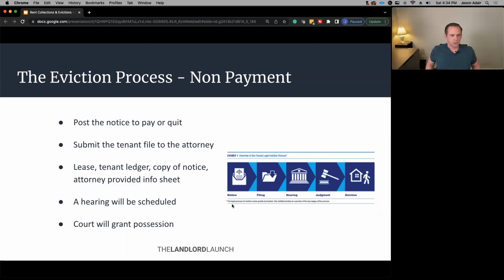Okay, so let's look at what the standard eviction process looks like in court for non-payment. And it's similar with lease violations as well. But again, we're going to post that notice to pay or quit, your 3-day, 5-day, 7-day. And again, we've talked about that. We're going to submit that tenant file to the attorney.